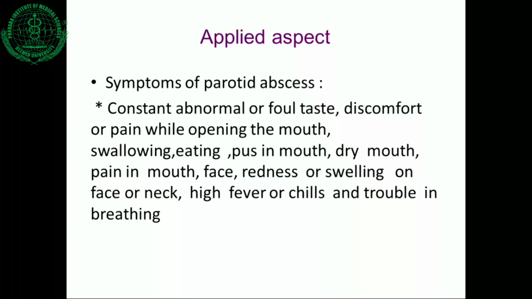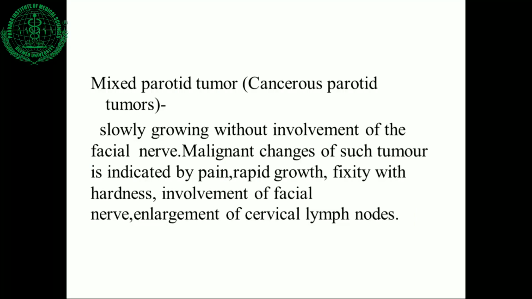Now regarding the mixed parotid tumor. This mixed parotid tumor is a slowly growing tumor without involvement of the facial nerve. Malignant changes of this tumor are indicated by pain, rapid growth, fixity of the gland with hardness, and involvement of the facial nerve.